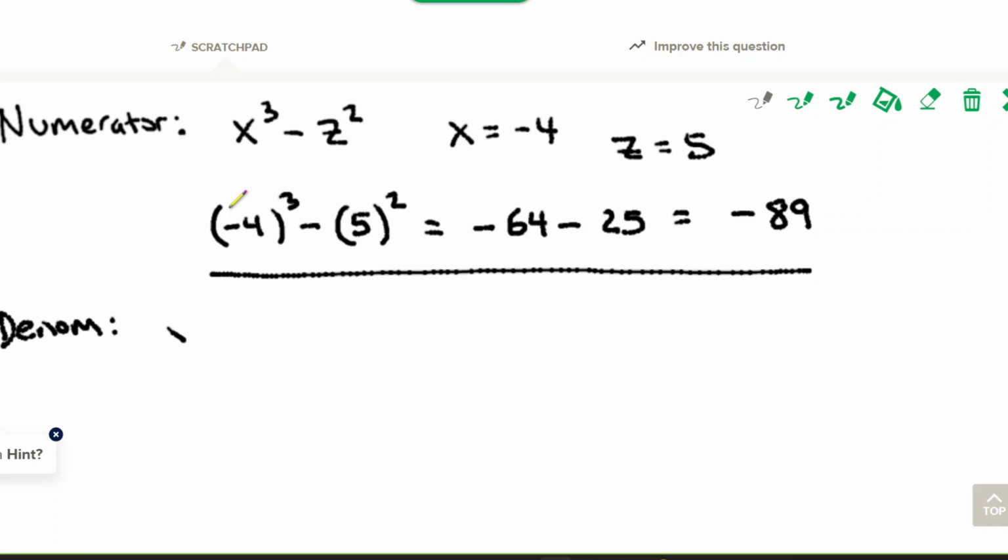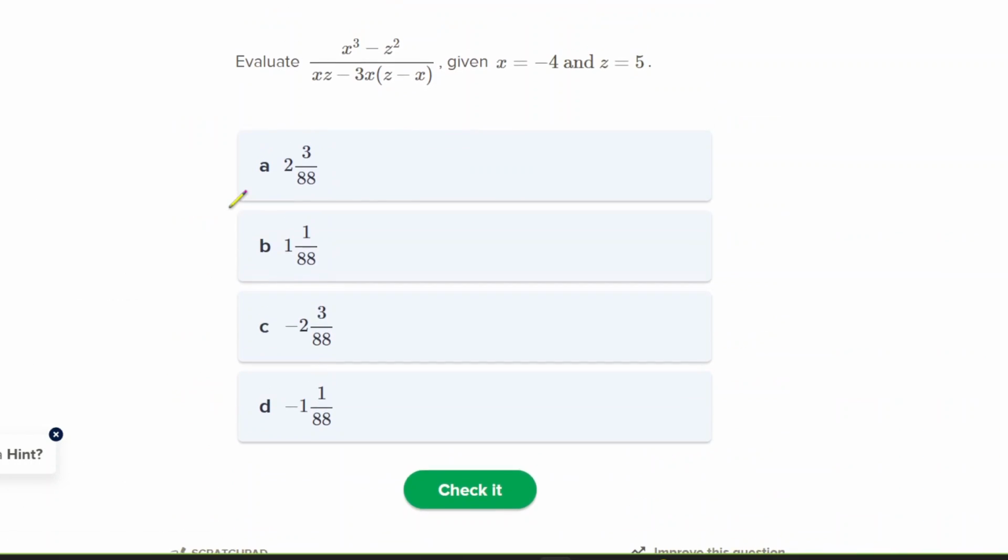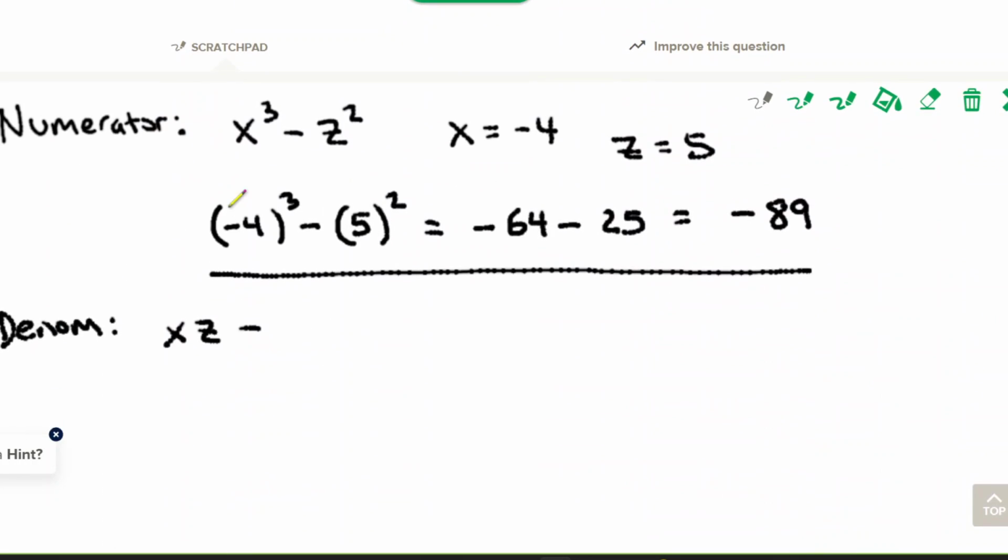So it's x times z and then minus, and I believe it was 3x times the quantity z minus x. Yes. So minus 3 times x times the quantity z minus x. And once again, the value of x is -4, value of z is 5. So I will make those substitutions.